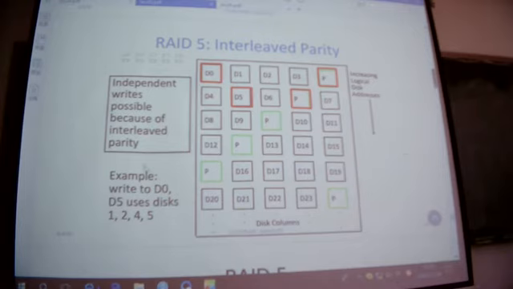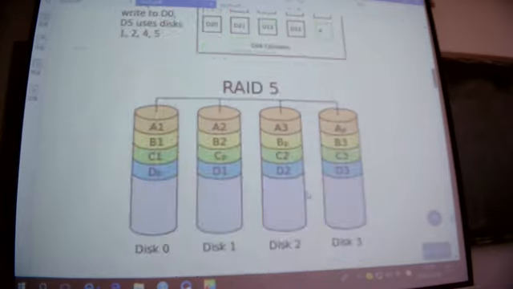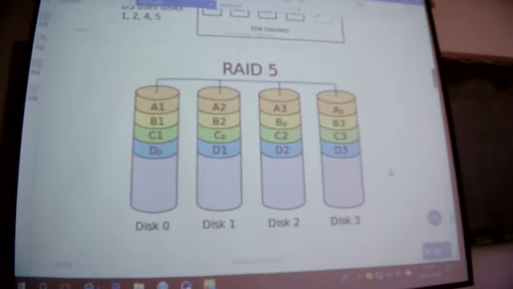So in the red rectangle you can see D0, D5, P, and the green rectangle P is in this column. So increasing logical disk addresses go down the disk column. So this is RAID 5. Now we can see RAID 5 is different from RAID 2 to RAID 4.